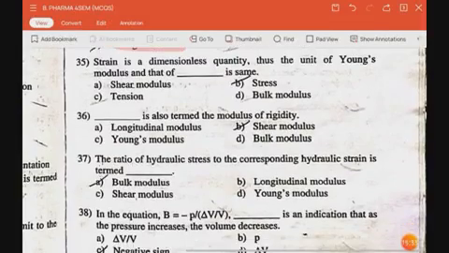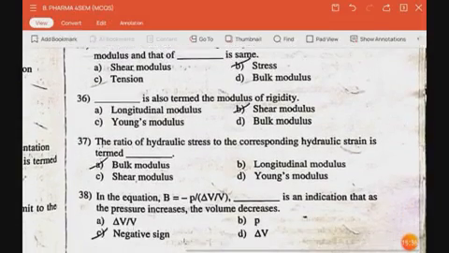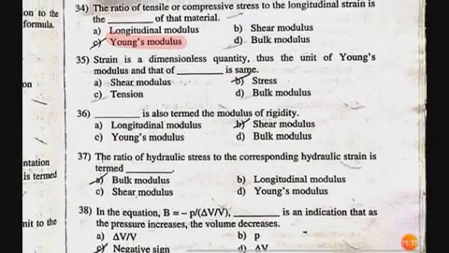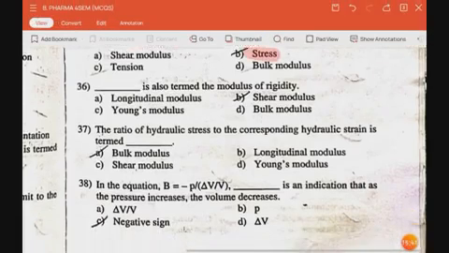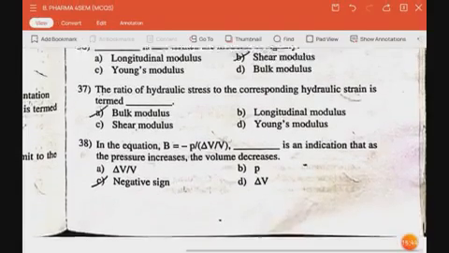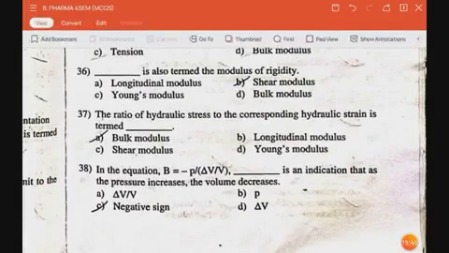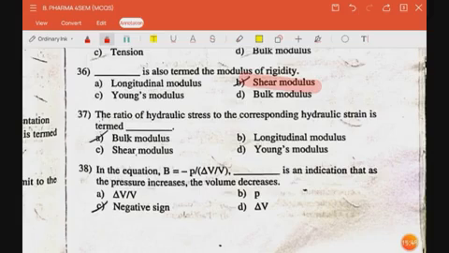That's Young's modulus. The next question is strain is a dimensionless quantity, thus the unit of Young's modulus and that of dash is the same. The answer is stress. The next question is dash is also termed as the modulus of rigidity. The answer is shear modulus.